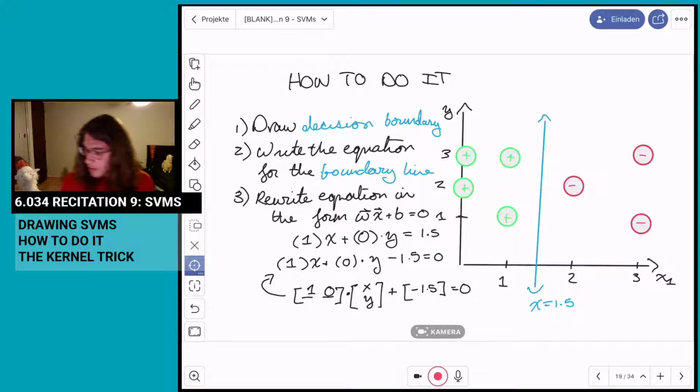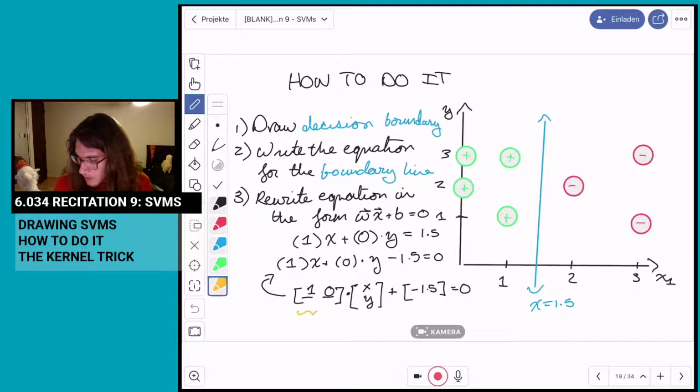Okay, so I have something that resembles a W, an X, and something that resembles the offset. And it would seem that we're done. But let me make the following statement. I'm going to say that this is W vector prime. This is X, because it's just a set of coordinates, and this is B prime.